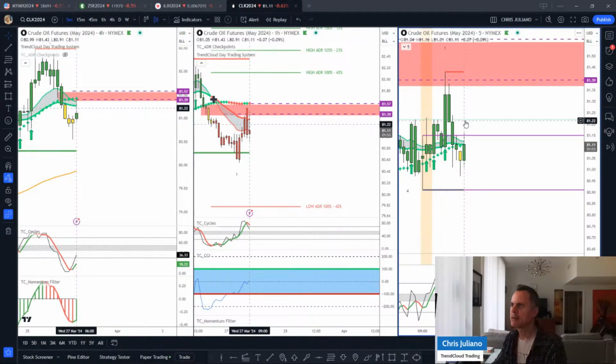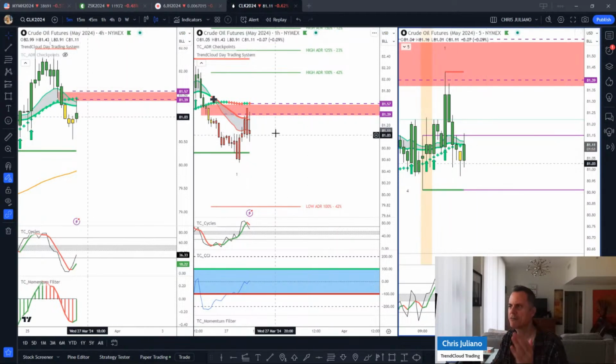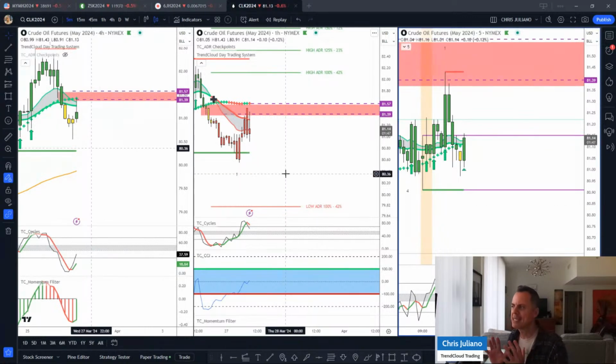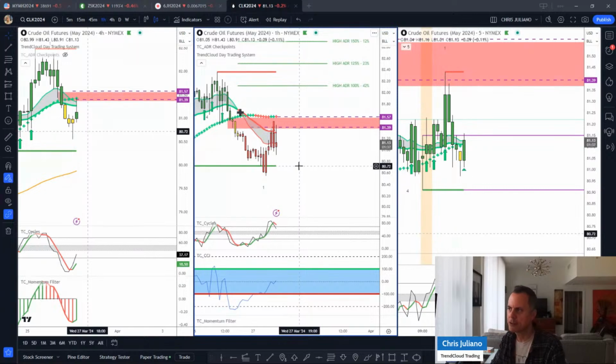I'll say it again. The context of the 1-hour chart is what we're using as information to enter the trade on this 5-minute chart. That is what we did here.